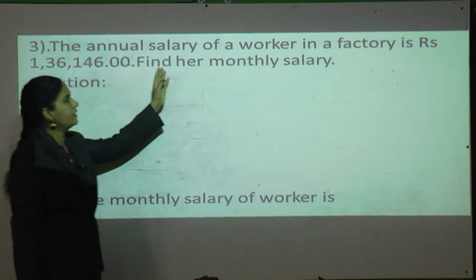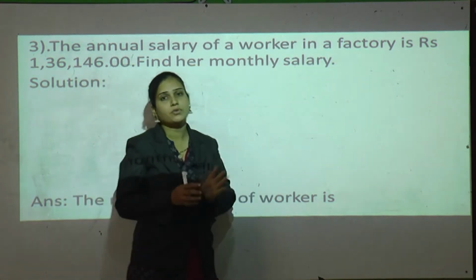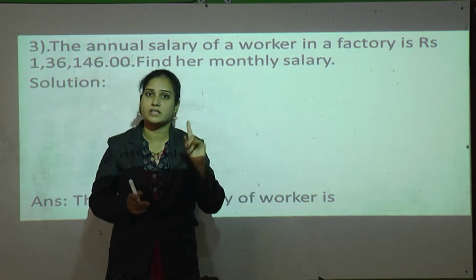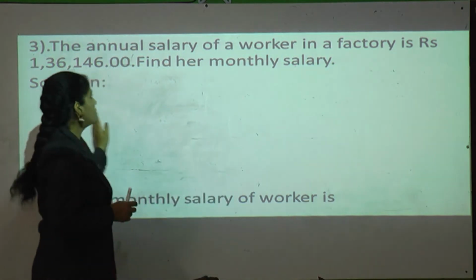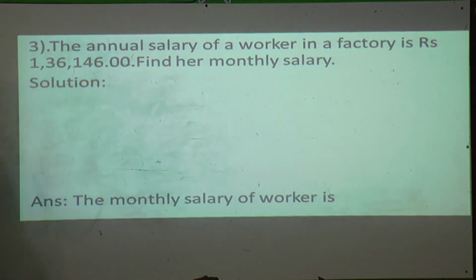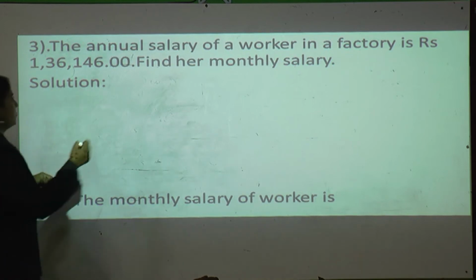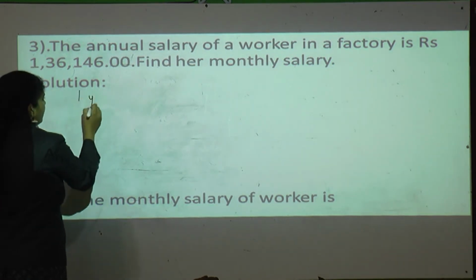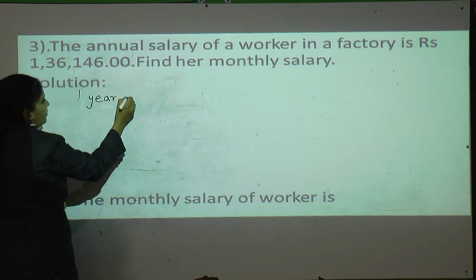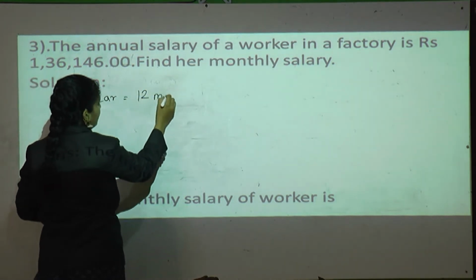So find her monthly salary. Now students, annual salary means 1 year salary. So in 1 year how many months are there? 12 months. Very good. So 1 year is equal to 12 months.